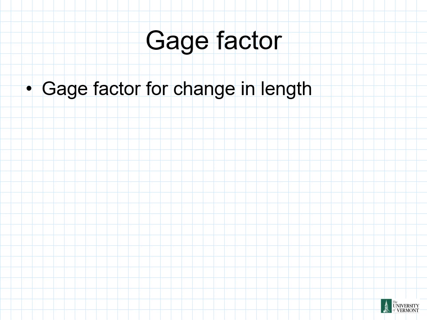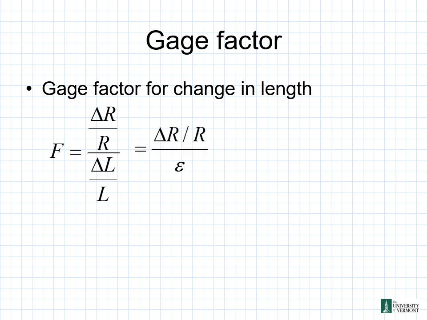So let's take a look at our gauge factor for the change in length. We have this relationship here: F is equal to our delta R over R divided by delta L over L, where our delta L over L is our epsilon value here. We can reduce and plug that in.